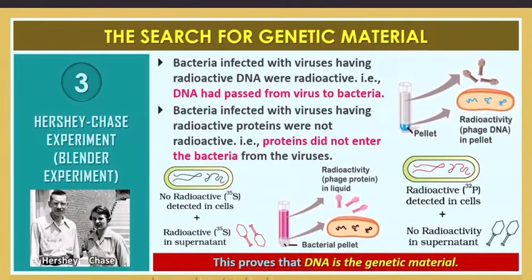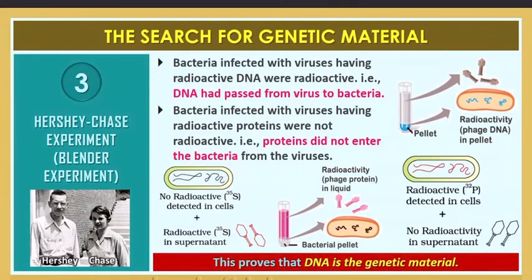So bacteria infected with viruses having radioactive DNA were radioactive. Look at that, radioactive DNA in the pellets. On the other hand, radioactive phosphorus was detected in the cells, and no radioactivity in the supernatant, the top solution. That means the DNA has passed from virus to bacteria.